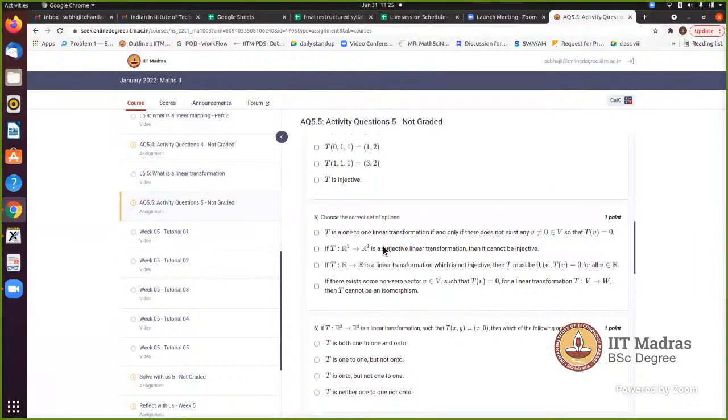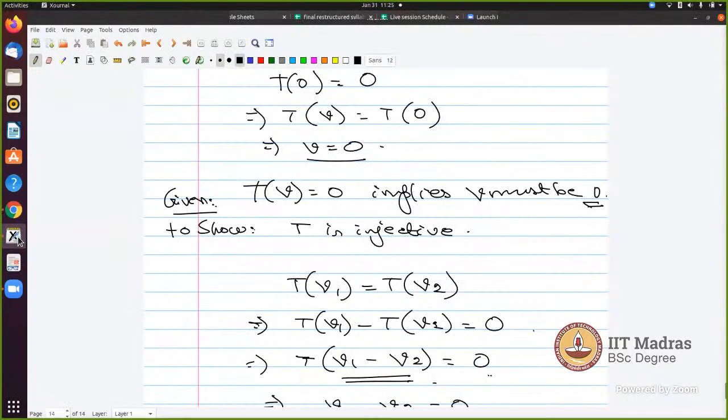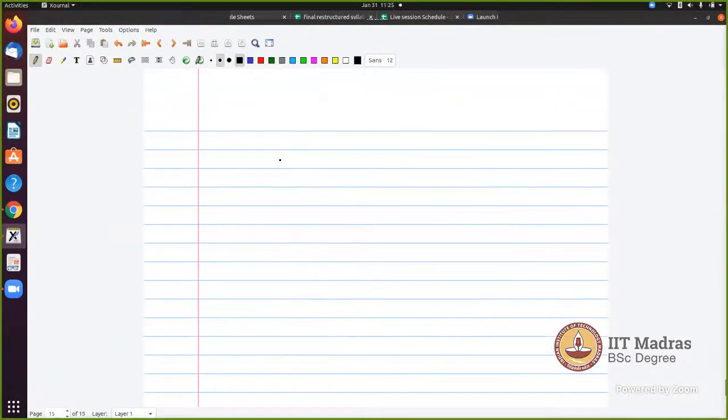Now let's come to surjectivity. What do you mean by surjectivity? In the case of a function, codomain equals range. Not domain equal to range, codomain equals range. So what does that mean?